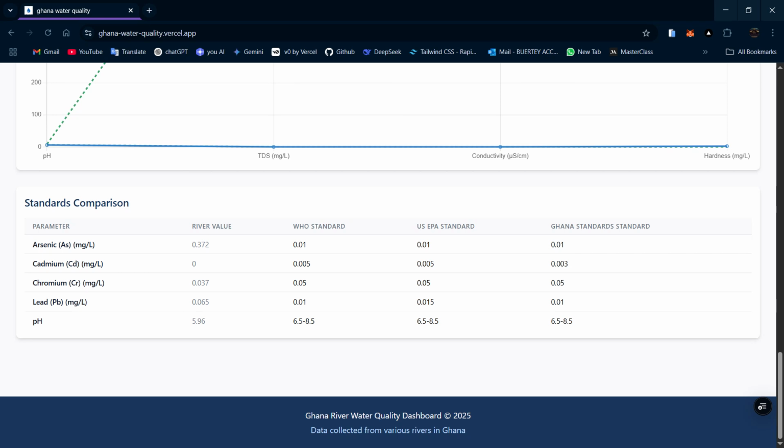The pH is lower than the WHO standard, so it's more acidic. It doesn't meet the US EPA standard, so it's more acidic, and for Ghana, it's more acidic.